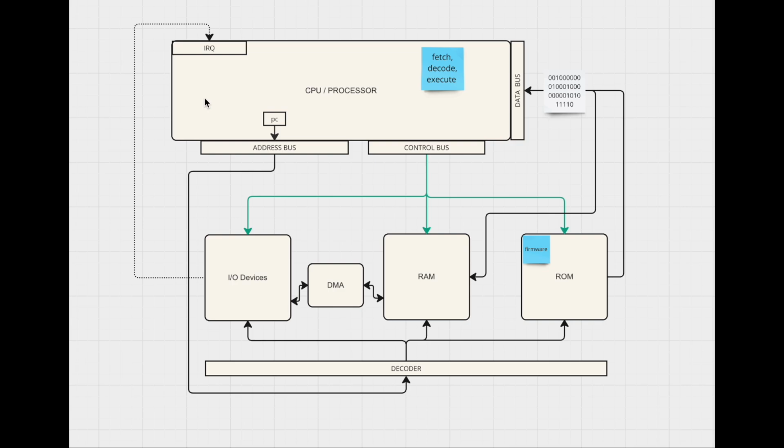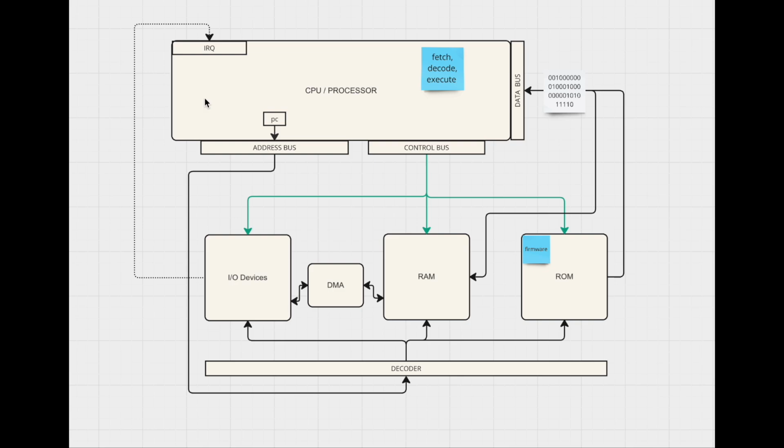And so the CPU pauses what it's doing, saves the current state somewhere internally in registers, and rounds up the I/O operation. And once that operation is done, it resumes the operation it was doing before the interrupt.